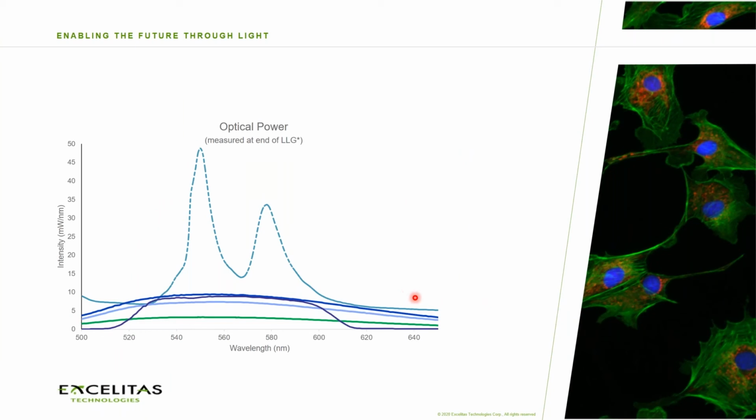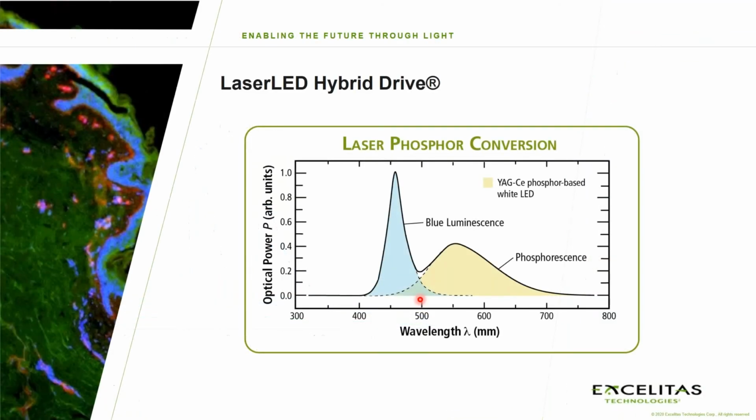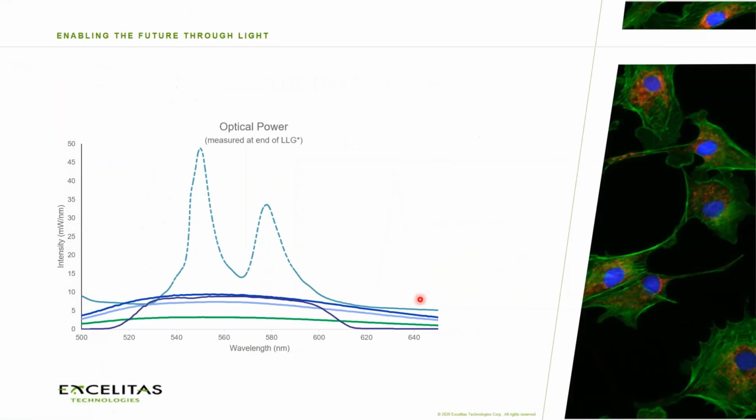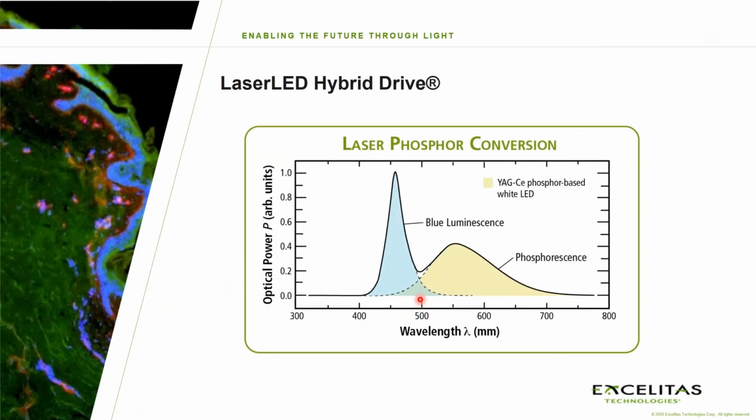And so what we then decided to do is we had to get a bit more creative to get the peaks or the power that's required in order to fill up the green gap. So phosphor conversion has been used for decades, and what that encompasses is using a blue LED, which is right here.